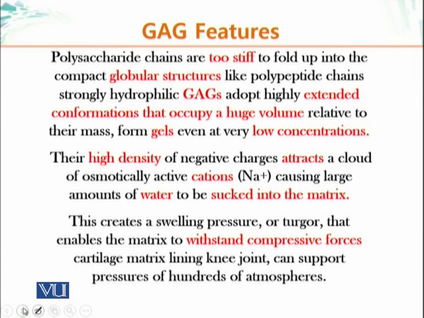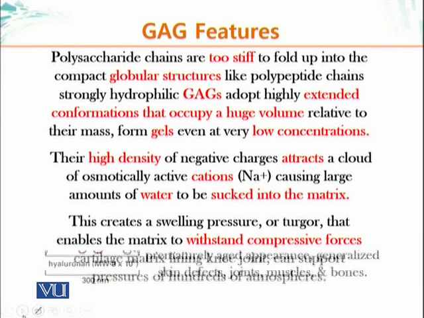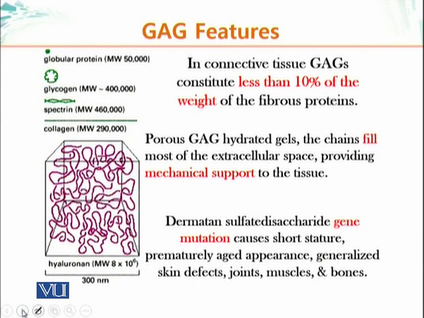This creates a swelling pressure or turgor pressure that can enable the matrix to withstand compressive forces. For example, cartilage matrix in the knee joint can support up to a pressure of hundreds of atmospheres. This is how strong they are in resisting the compressive forces. In connective tissue, GAGs constitute less than 10% of the weight of the fibrous proteins, since they can attract a lot of water.